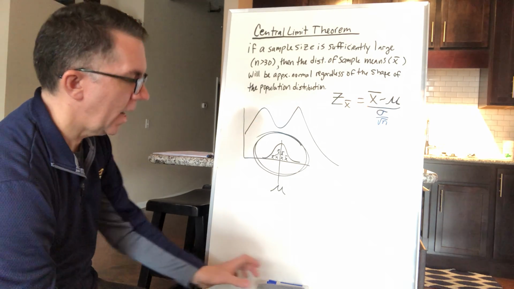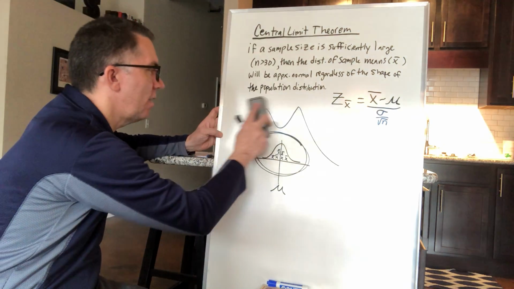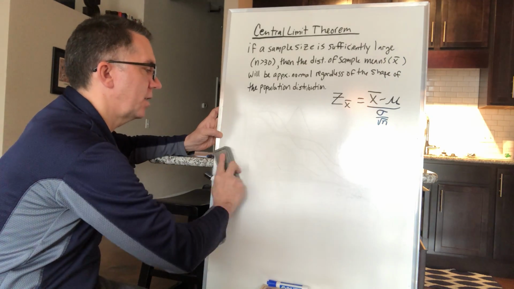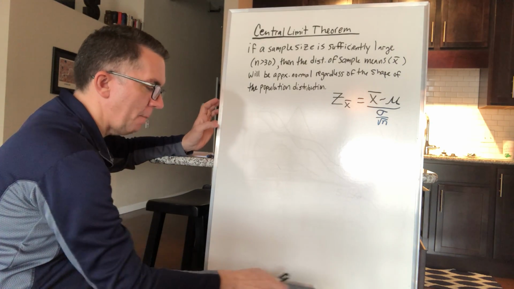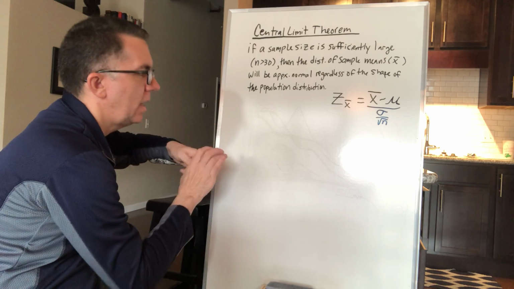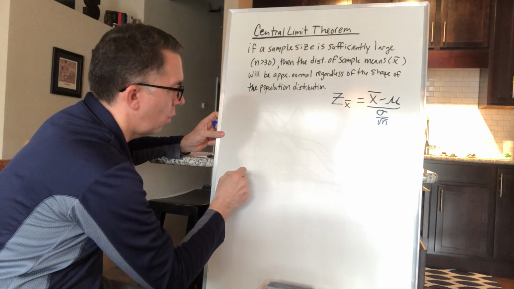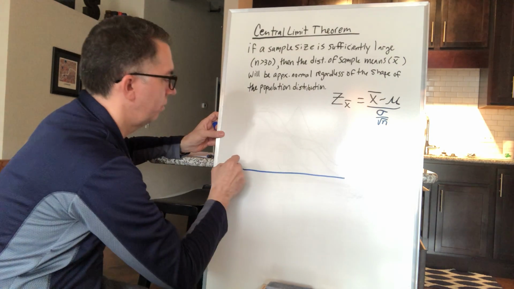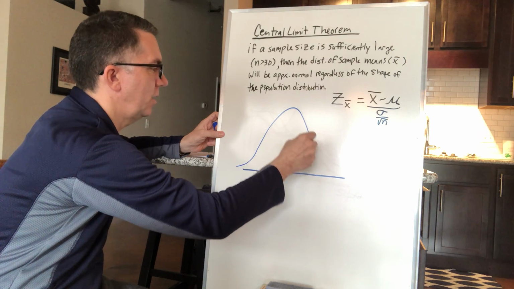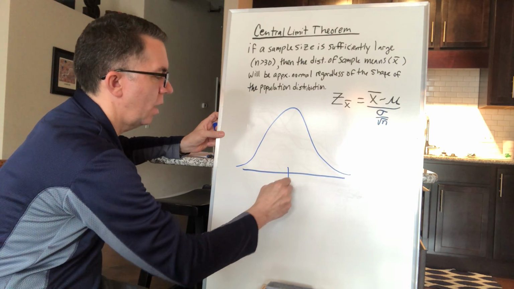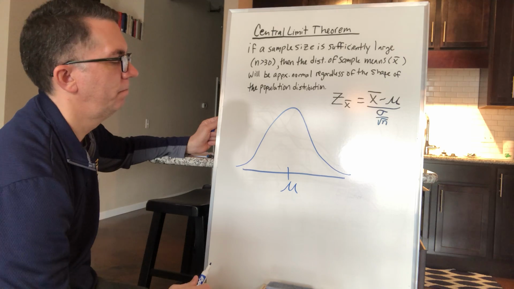Okay? Now, likewise, we have another rule that applies to this. If my population is normal or approximately normal, here's my population. We'll put our mean right in the middle.